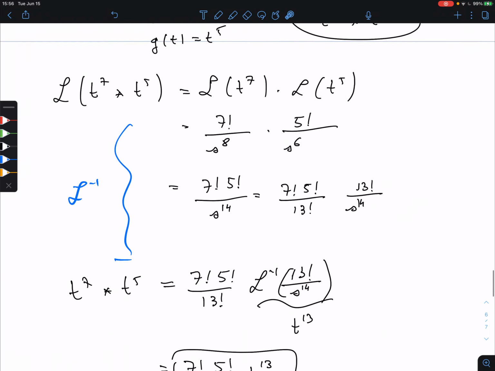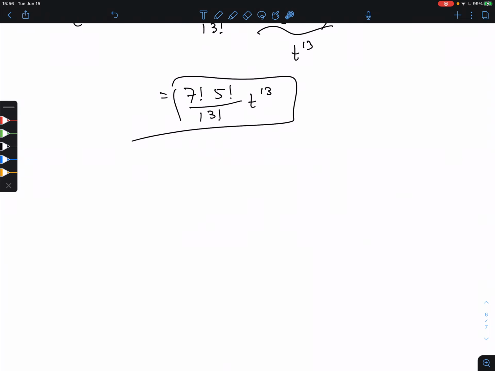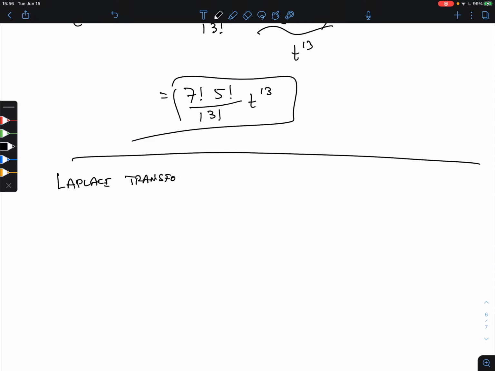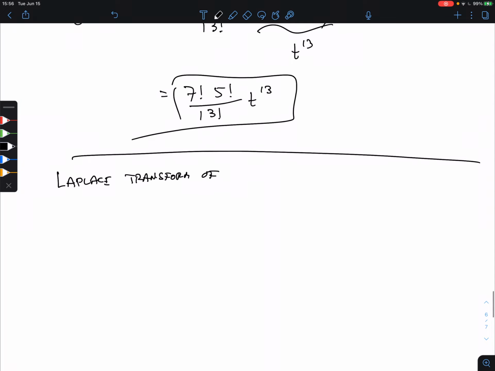Oh yeah, perhaps I should look at one example here, so that you have the homeworks ready. For instance, they say, what is the Laplace transform of, and then they give an integral.